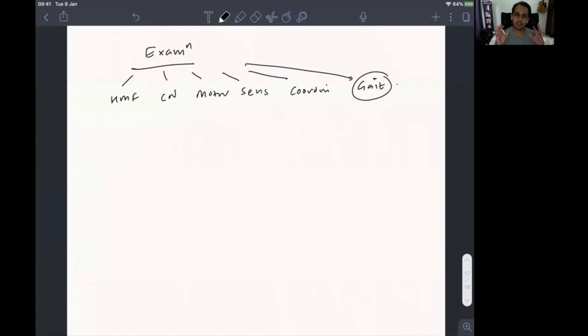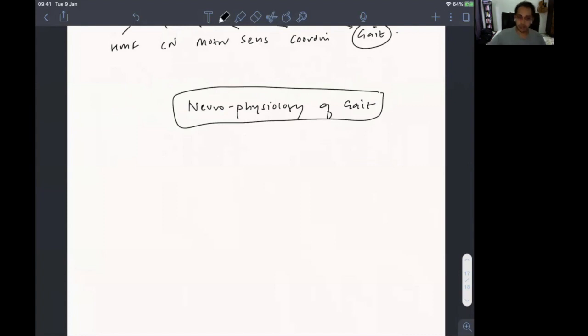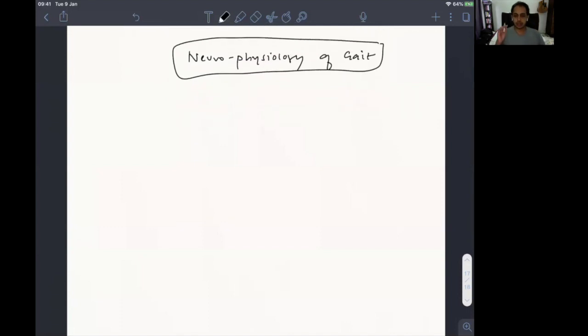Let's talk about the physiology of gait, the neurophysiology of gait. When we talk of gait, we mean that a person is walking, so you immediately know that you need to move your legs.